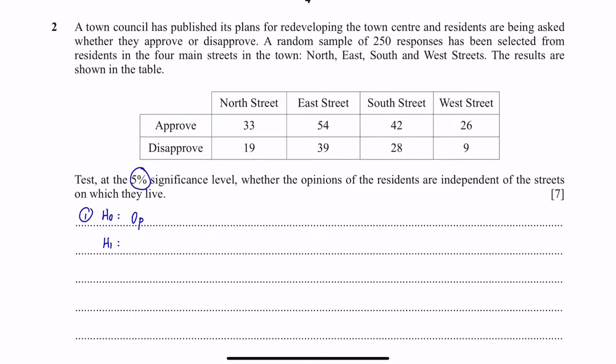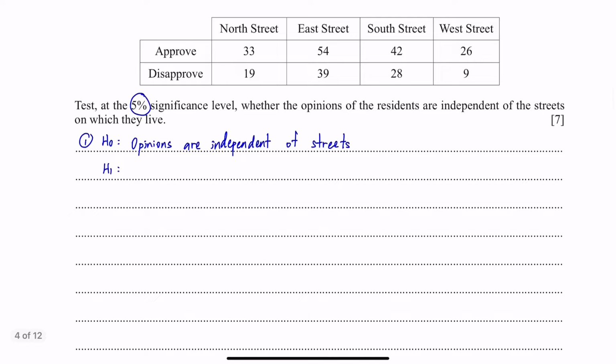So we have opinions are independent of streets. And the alternative hypothesis would be opinions are not independent of streets.